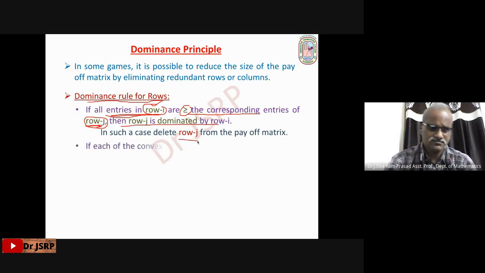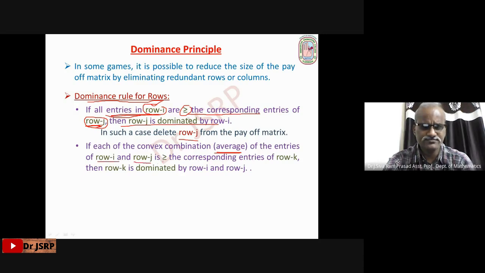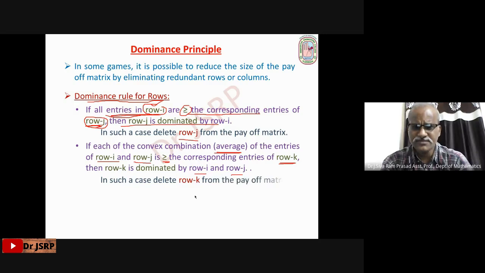Second principle: if each of the convex combinations, in general, convex combination means we take the average. The average of two rows, row I and row J, is greater than or equal to the corresponding entries of row K. In such case also, row K is dominated by row I and row J. So we delete row K from the payoff matrix.